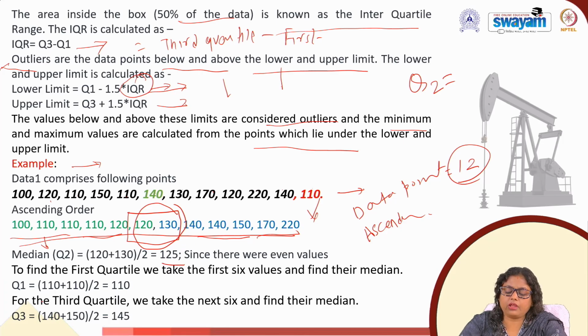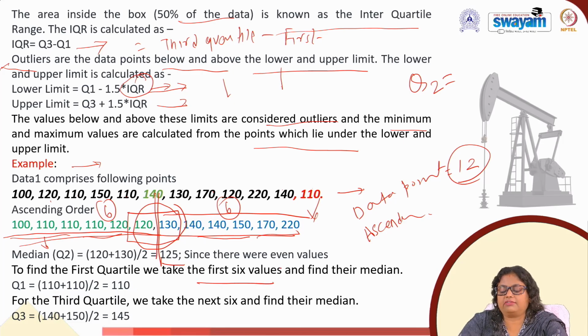Now, to find the first quartile, we take the first 6 values and find their median. After calculating the median, we go back to the calculation for Q1. Because we have 12 data points, we split the whole data set into two parts: the first part has 6 values, and the second part also has 6 data points.